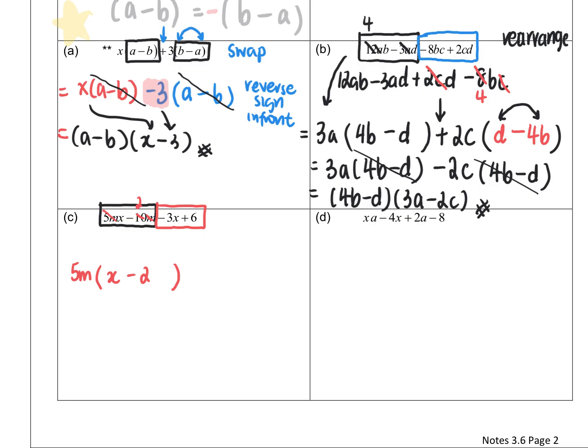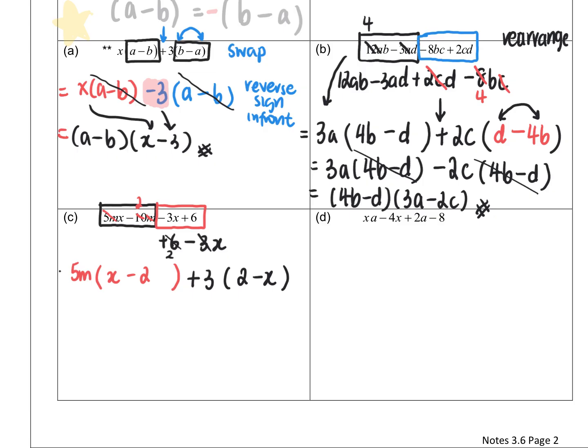Remember for the second 2 terms, I want to rearrange them first. I write the 6 first. Then I write the 3x, because it's easier. What is common between the 2 of them? 3. So I take out the 3. What am I left with? 2. So 2 minus x.